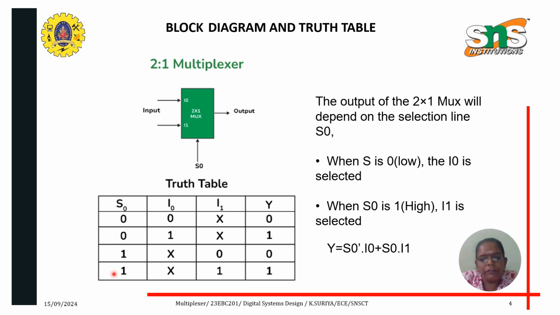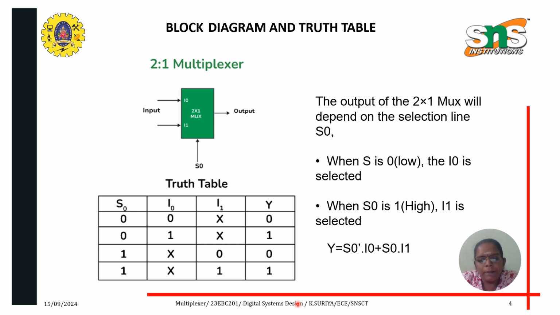Next, if selection line is 1, whatever is present in the input I1, it is present at the output independent of the input I0. So the output of a 2 cross 1 multiplexer will depend on the selection line S0. When S0 is 0 or low, I0 is selected, and when S0 is 1, I1 is selected.